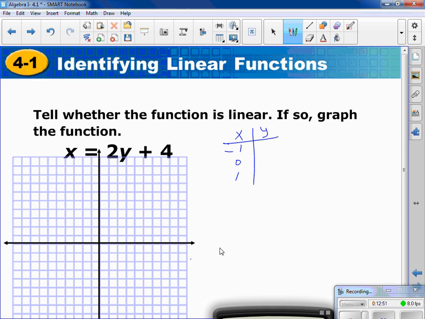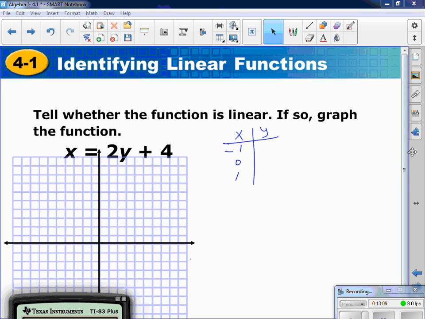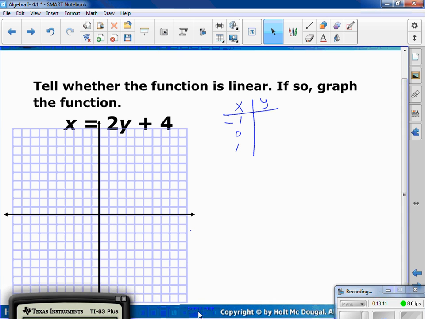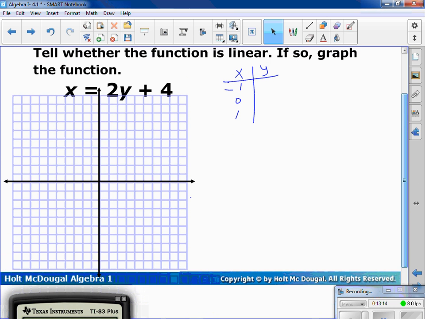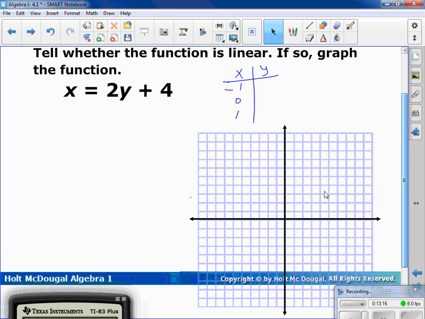We substitute. Now, if I do it 3 times, I'm going to have to rearrange 3 times. I'm going to rearrange this one right now so it's y equals. What do I have to do first to have it y equals? Subtract 4. X minus 4 equals 2y.